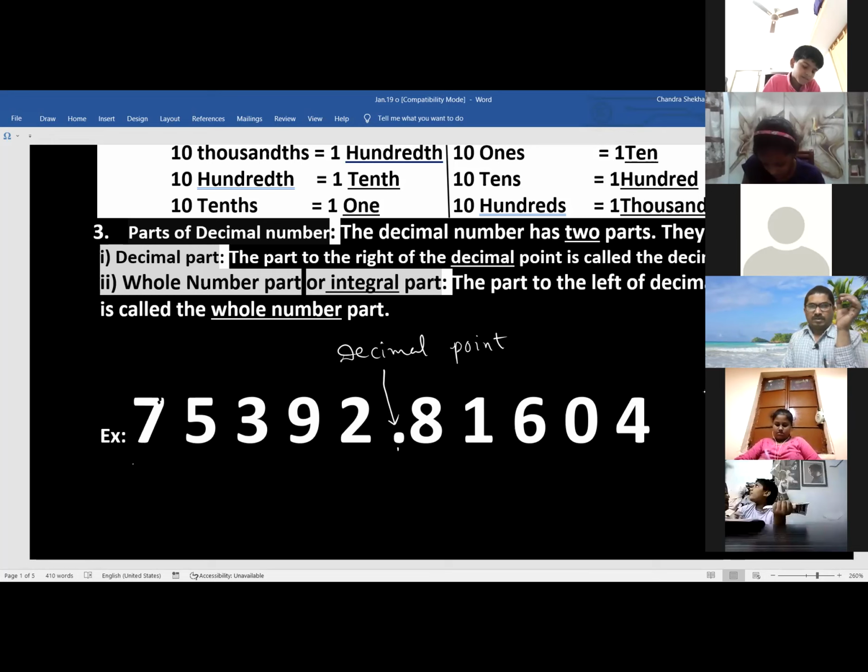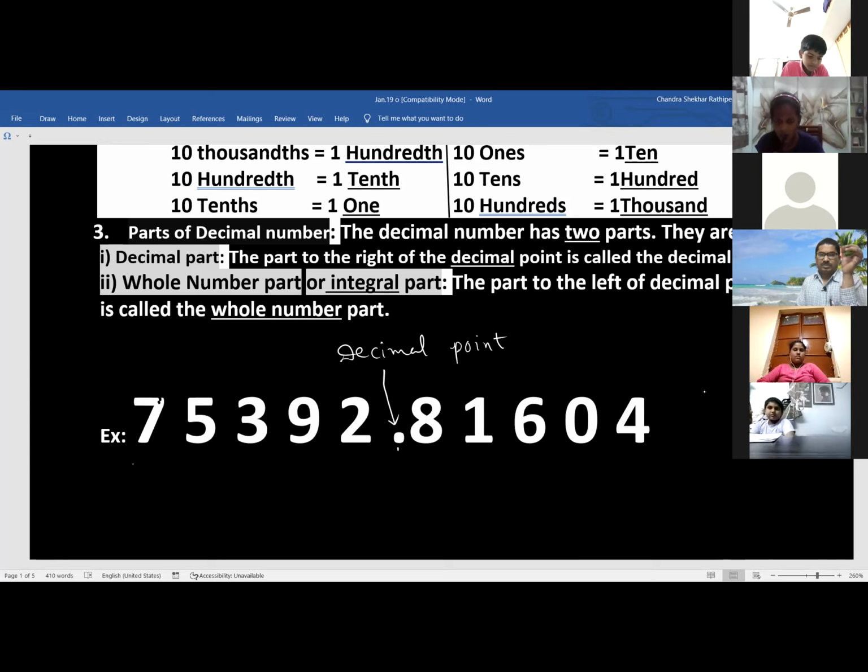In mathematics, it is a decimal point. In language, this is a full stop. In other subjects, there is another name. But in decimal fractions, it is a decimal point. Remember this name.